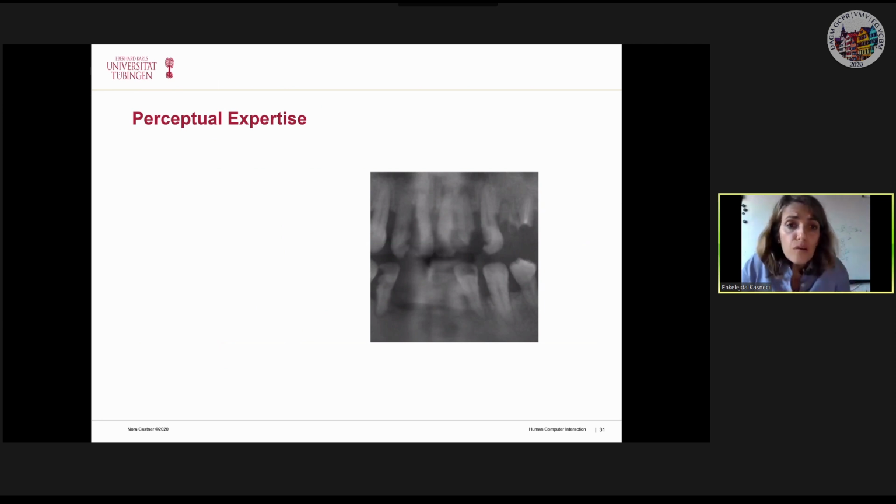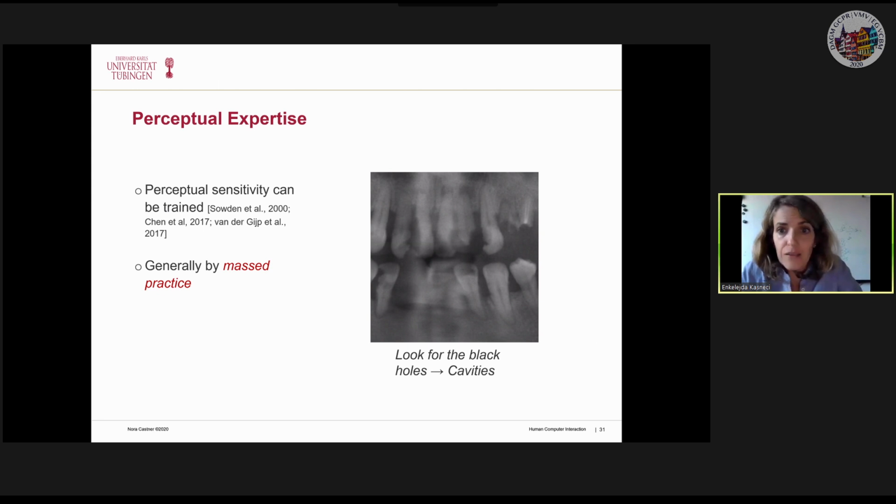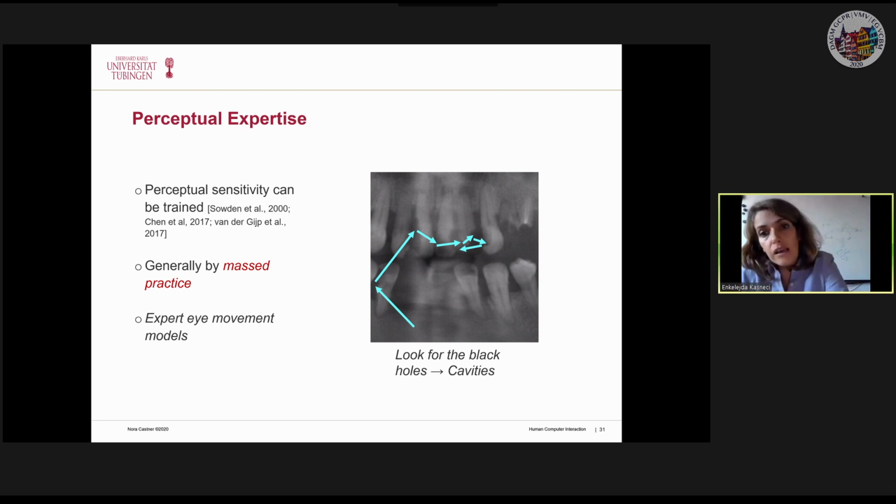If we would like to train people to look for anomalies, let's say look for the black holes here, then we would need mass practice, right? But if we show them the expert gaze with explanation, this will help to build up both perceptual and conceptual knowledge, right? So this will increase the efficiency of training. That is what we aim for in the way of dynamic expert modeling.